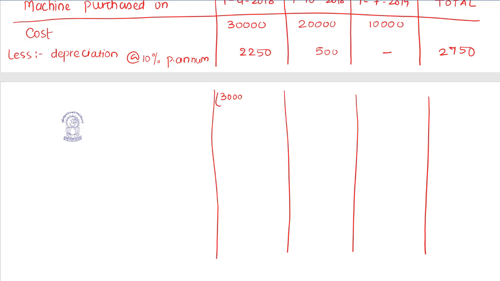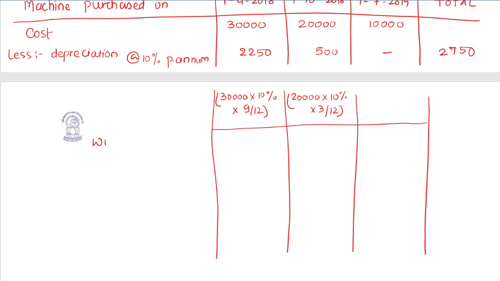First of all, 30,000 multiplied by 10% multiplied by 9 by 12. This is 20,000 multiplied by 10% multiplied by 3 by 12. I believe it is clear.